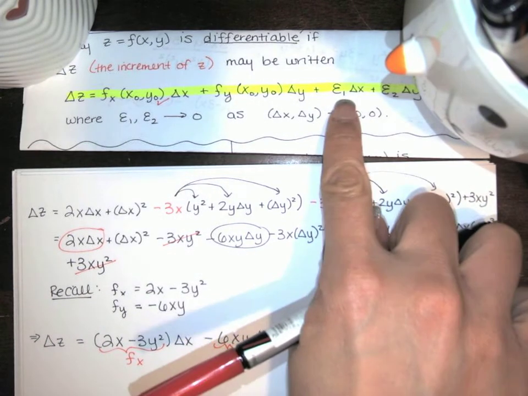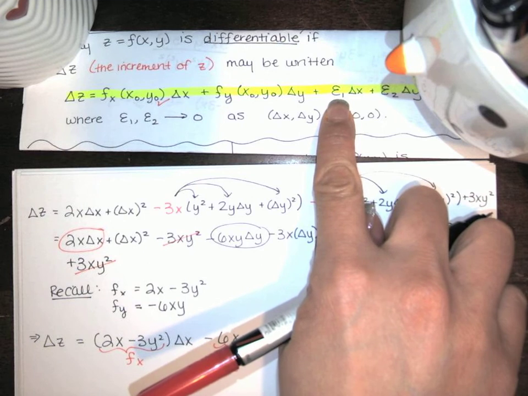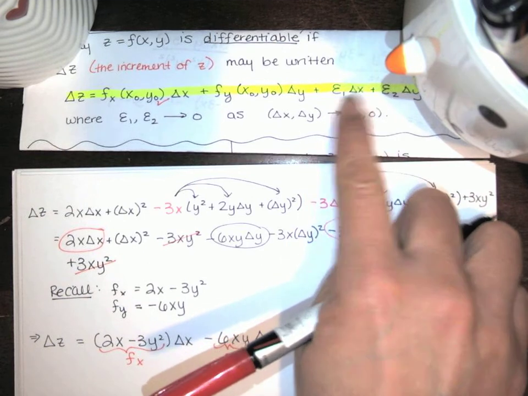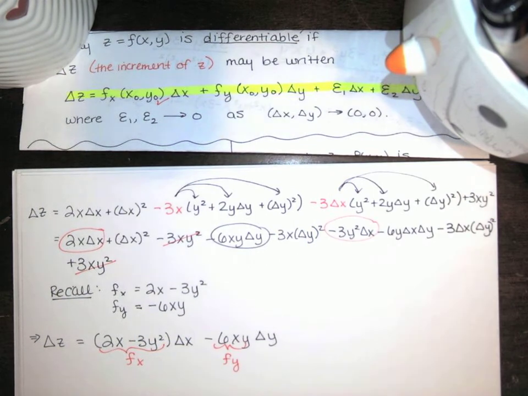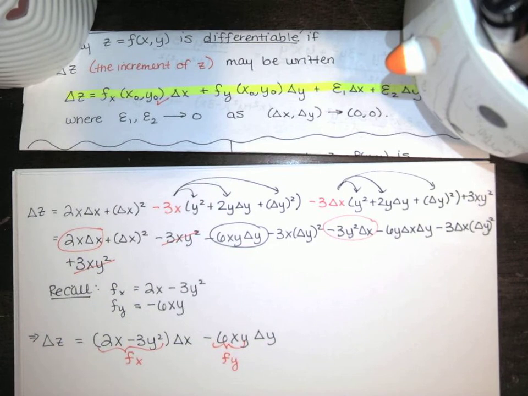Now I need a function of x, y, delta x and delta y times delta x, plus a function times delta y. Well, there are a lot of them. Let's see what we've got.